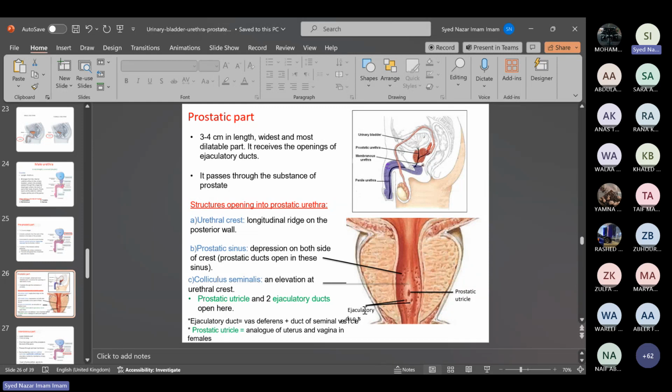So how is this ejaculatory duct formed? By the vas deferens and duct of the seminal vesicle. And where does this open? It opens on the side of the prostatic utricle in the urethral crest. And urethral sinus is for the prostatic.